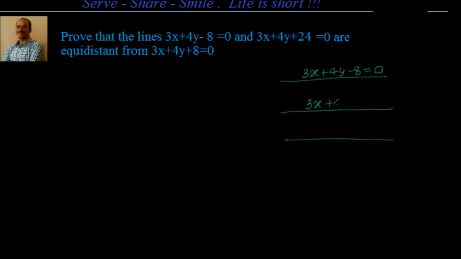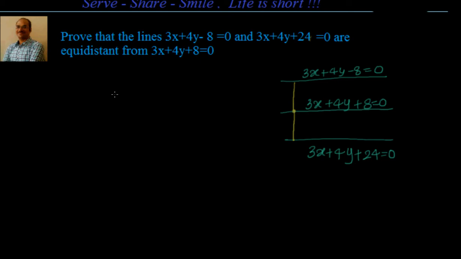Next one is 3x plus 4y plus 8 equal to 0. 3x plus 4y plus 24 equal to 0. If the line 3x plus 4y plus 8 equal to 0 has to be equidistant from the other two parallel lines, then it should be at equal distance from both of them and should be in the middle.